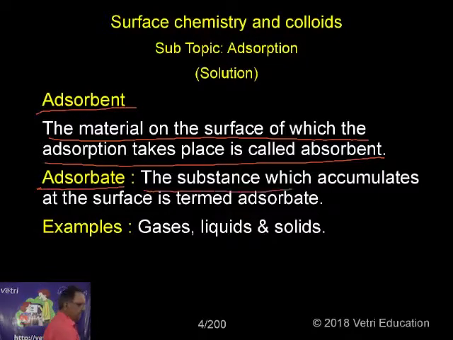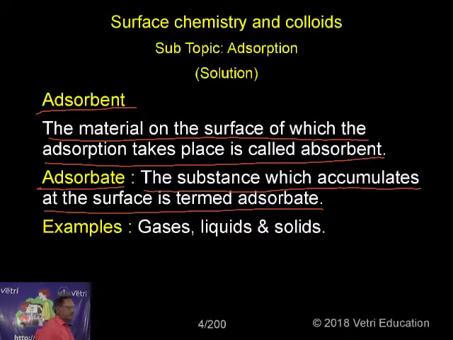The substance which accumulates at the surface is termed as adsorbate. So there are three terms: adsorption, adsorbent, adsorbate. A specific example: gases, liquids and solids are adsorbate, which can be adsorbed on the adsorbent, generally animal charcoal, etc.